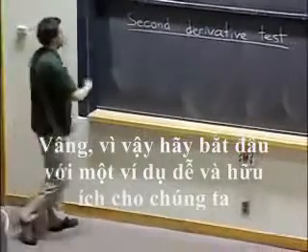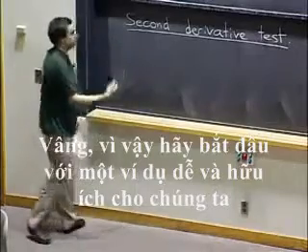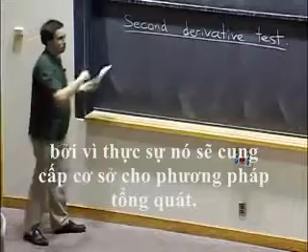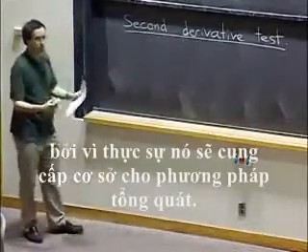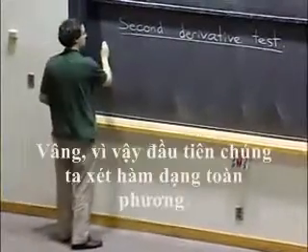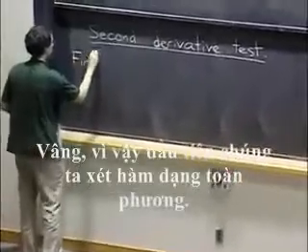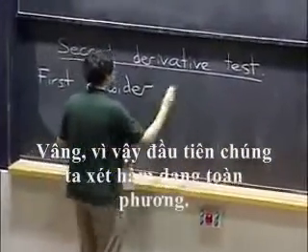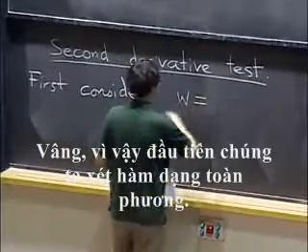Okay, so let's start with just an easy example that will be useful to us because actually it will provide the basis for the general method. So we are first going to consider a case where we have a function that's actually just quadratic.